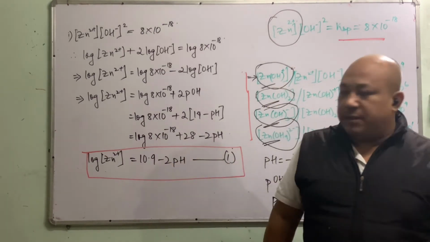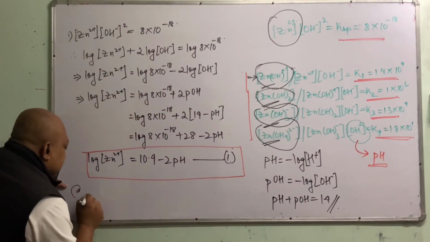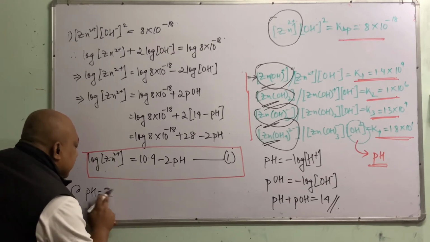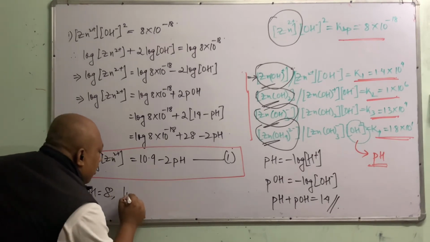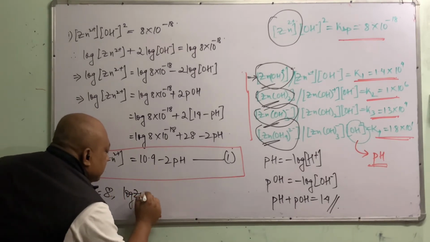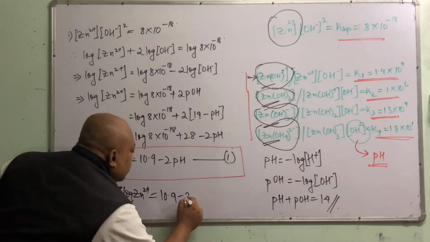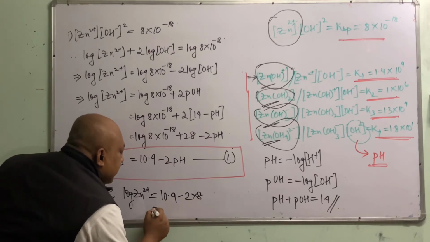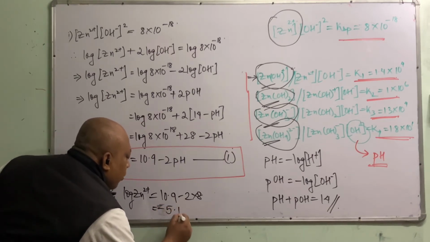I'm just giving one example. Let me write over here. But don't write this. At pH is equal to 2, say for example. Or say at pH is equal to 8. Log of Zn2+ will be 10.9 minus 2 times 8, 16. 10.9 minus 16 will be minus 5.1.